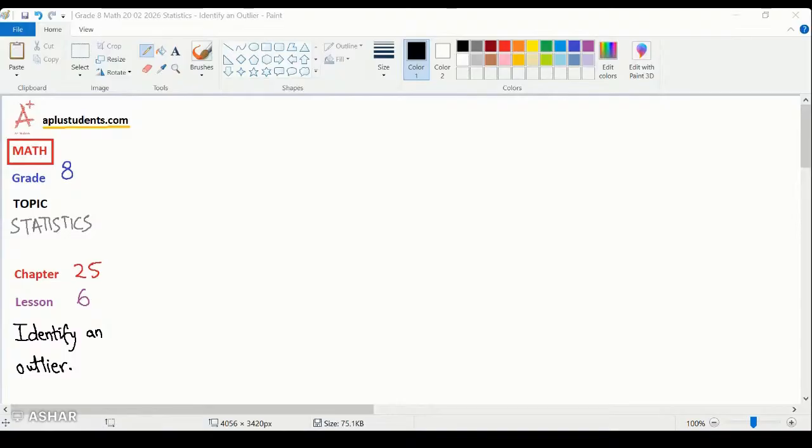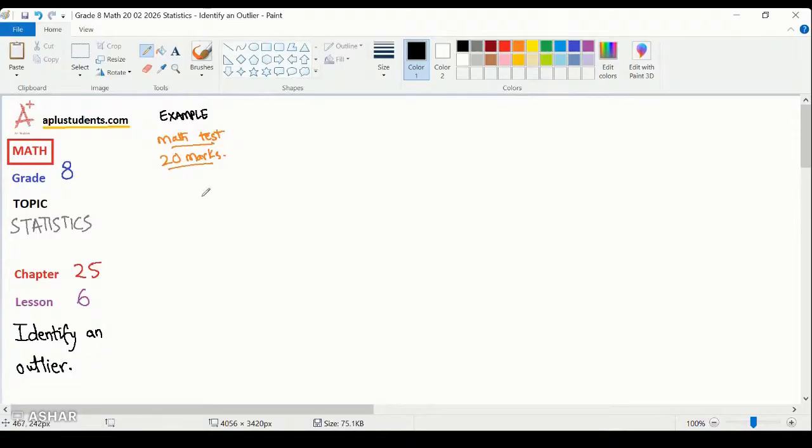Let's suppose there's an example: a maths test, marks out of 20. A few students appear for the test.